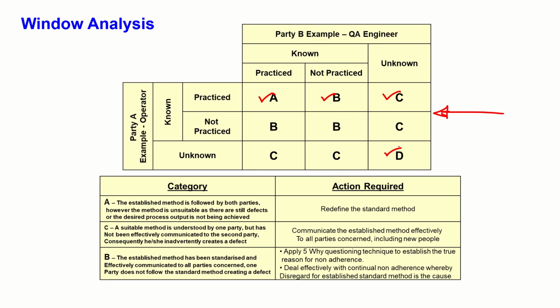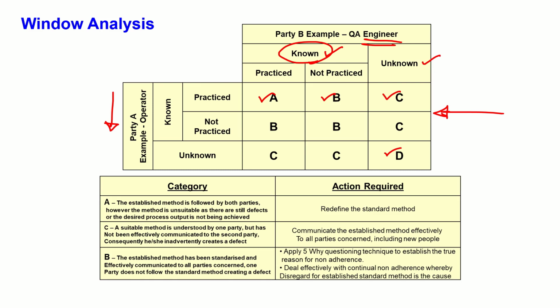In other words, you've got the technical authority at the top, and then you've got the production authority down this left hand side. And you can see that what we're asking the question is the standard operating procedure known to the technical authority? Is it known or is it unknown? In other words, do you have an SOP at all?